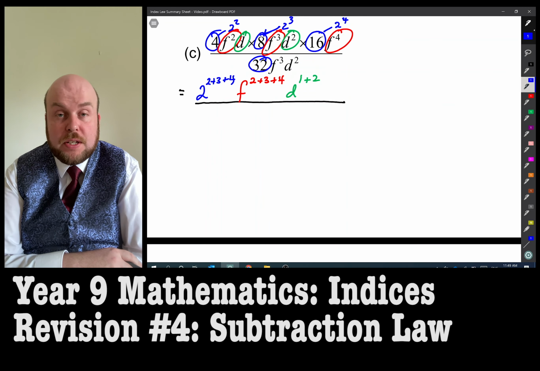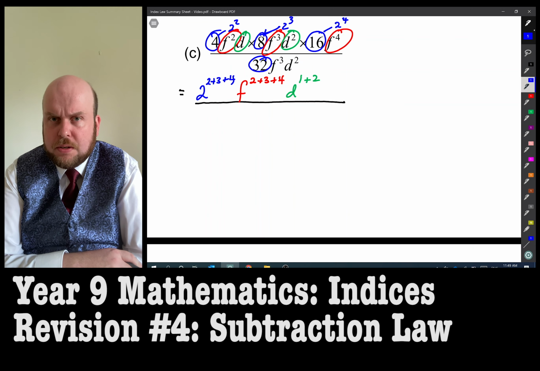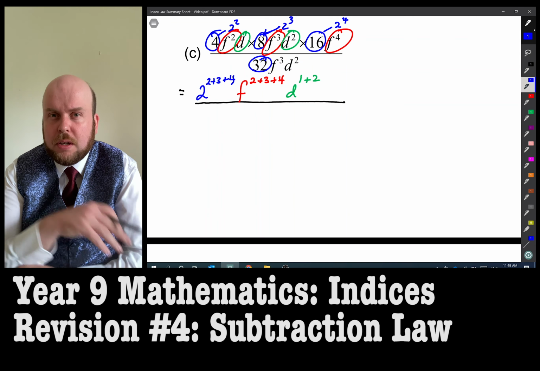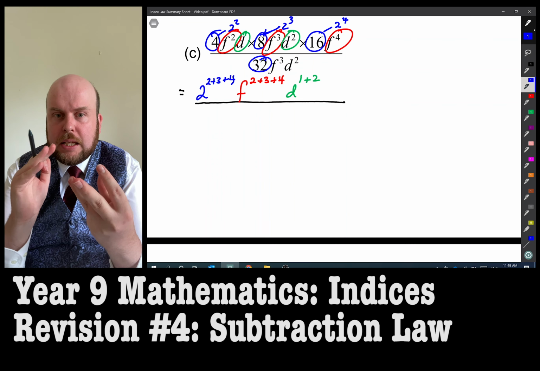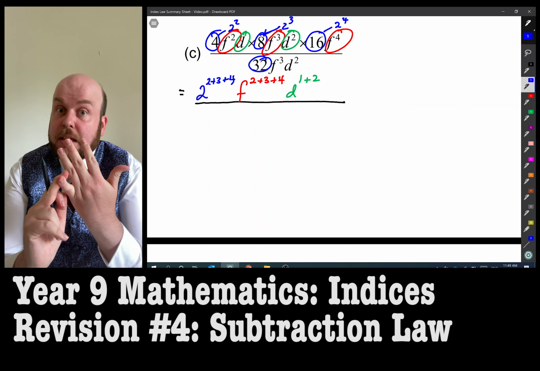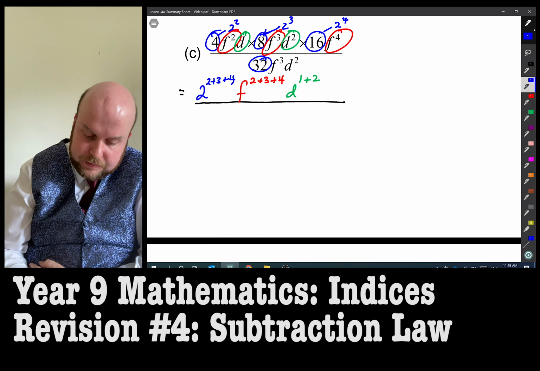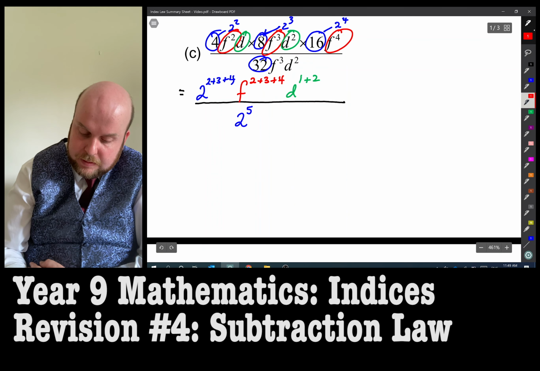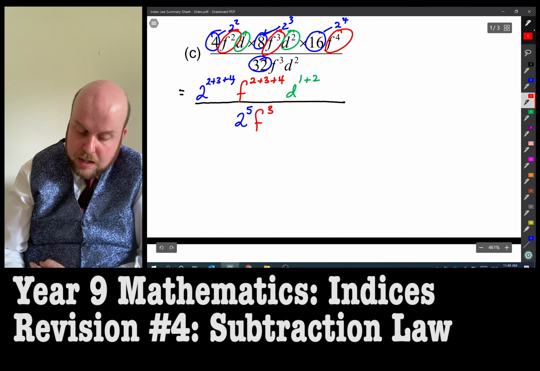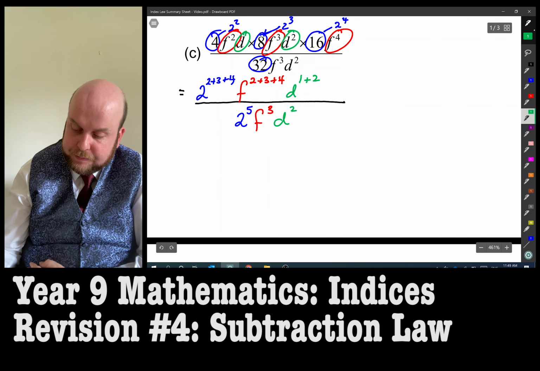Now we have this 32, and what did we say 32 was the same as? 2 to the power of what? 2, 4, 8, 16, 32. So that's going to be to the power of 5. Three d squared.